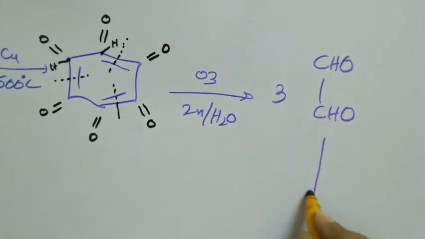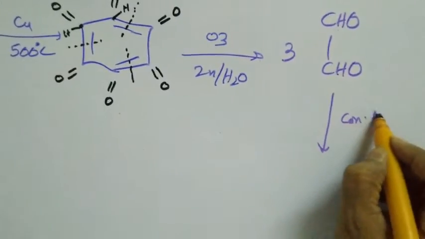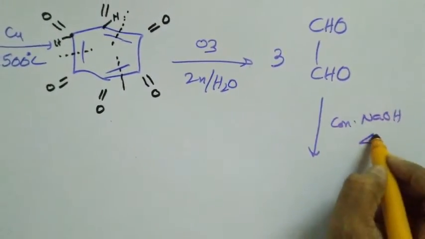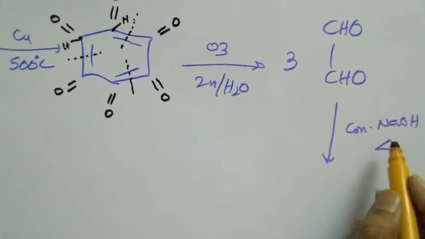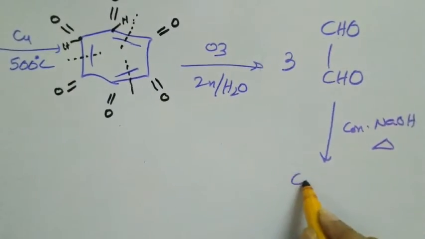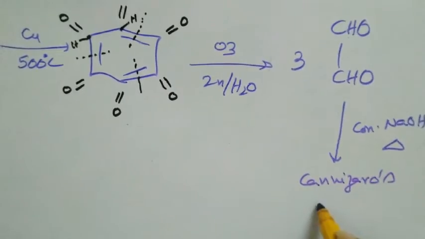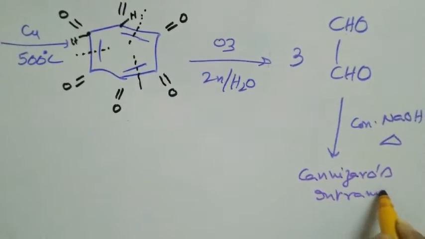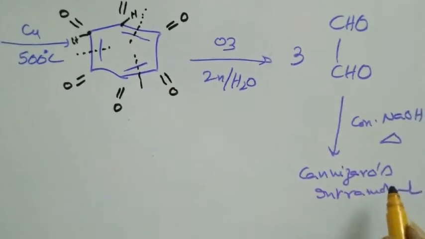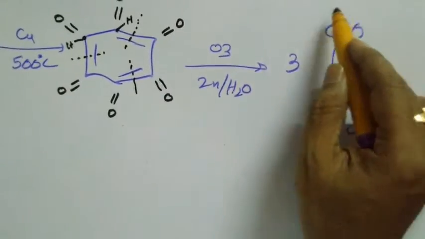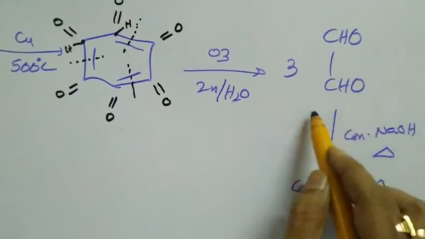Now this is treated with what? A concentrated alkali at elevated temperature. Very important. This is a special case of Cannizzaro reaction called as intramolecular Cannizzaro reaction. We know very well in Cannizzaro reaction, one aldehyde group gets oxidized, the other aldehyde group gets reduced.